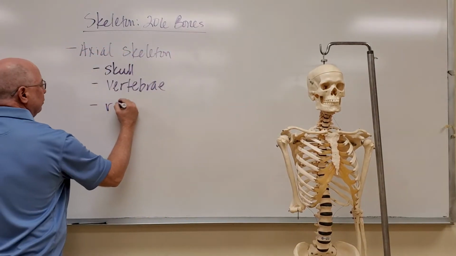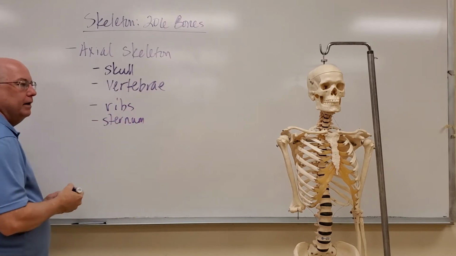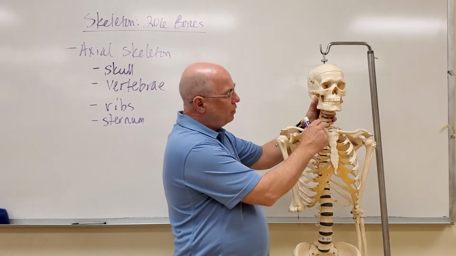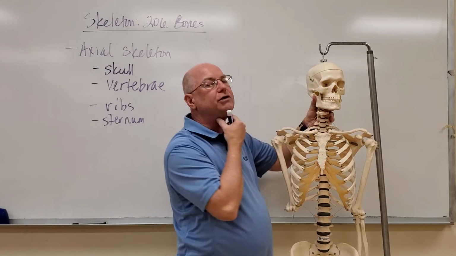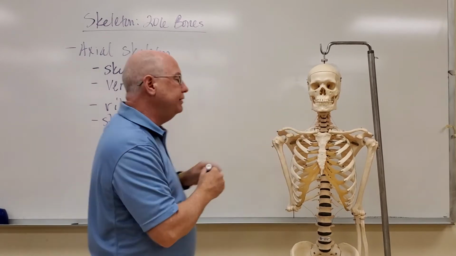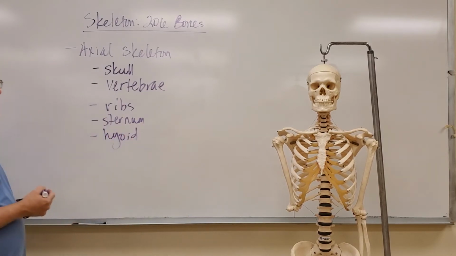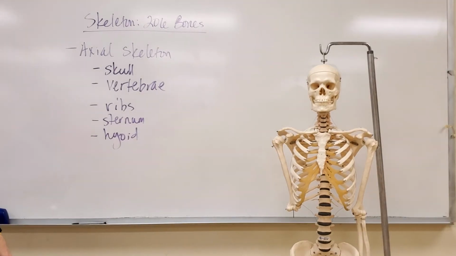So it includes the ribs, it includes the sternum. The last structure that we include with the axial skeleton is right up underneath the mandible. There's a small bone that's shaped similar to the mandible that sits in the throat called the hyoid bone. We'll be taking a look at it as well. So those are the bones of the axial skeleton.